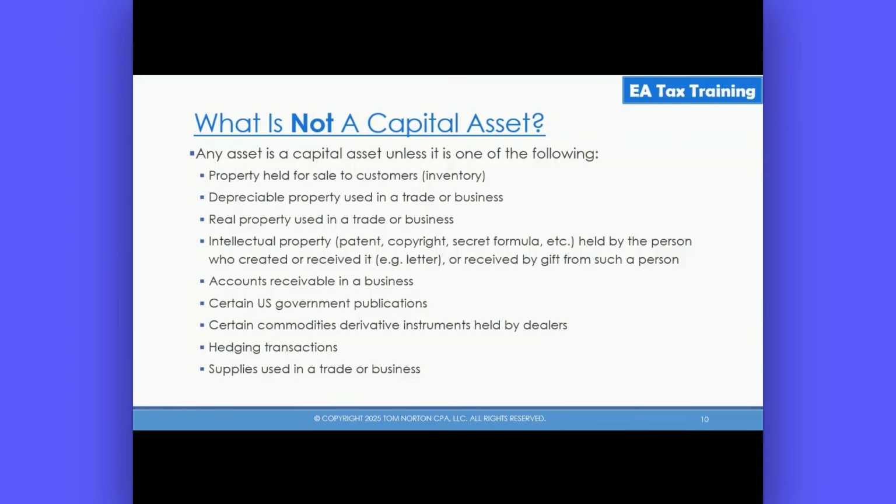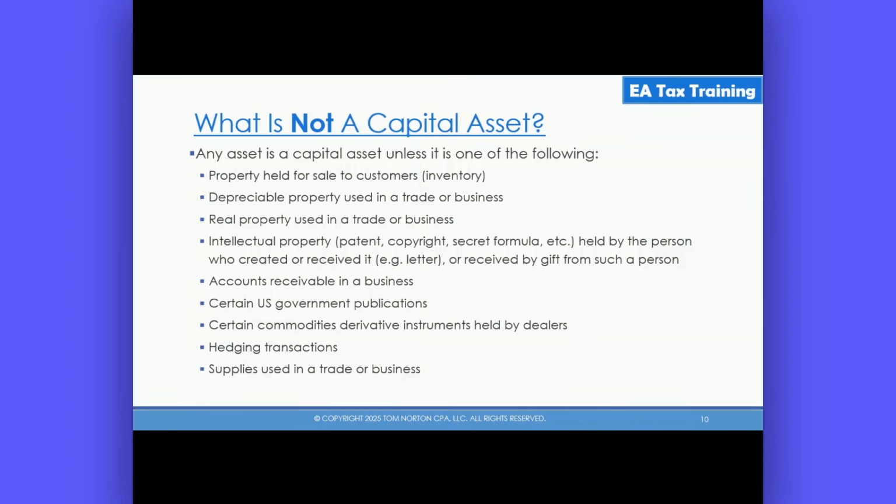So that's amounts that customers owe to the business, not capital assets. Certain U.S. government publications. This is kind of the oddball on the list. You don't need to worry about which U.S. government publications. Just know that there are these certain U.S. government publications that are not considered to be capital assets. Certain commodities, derivative instruments held by dealers, not capital assets.